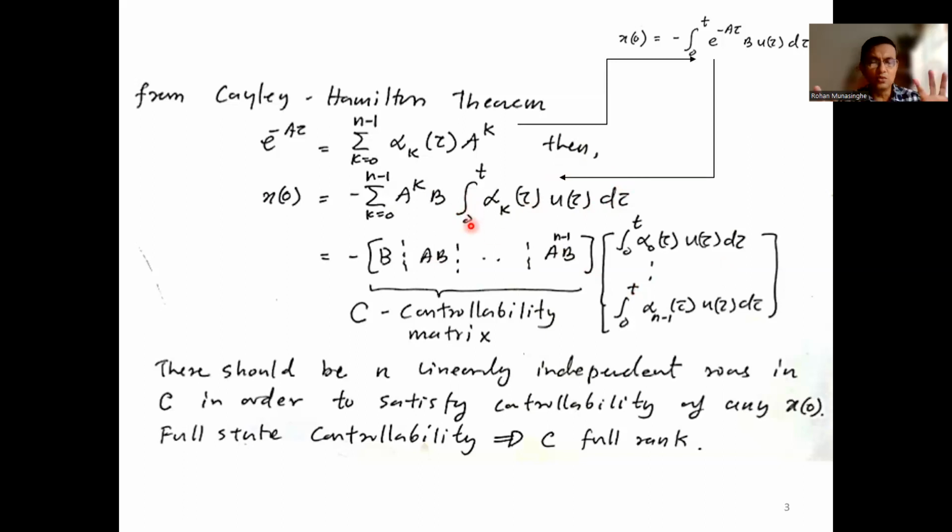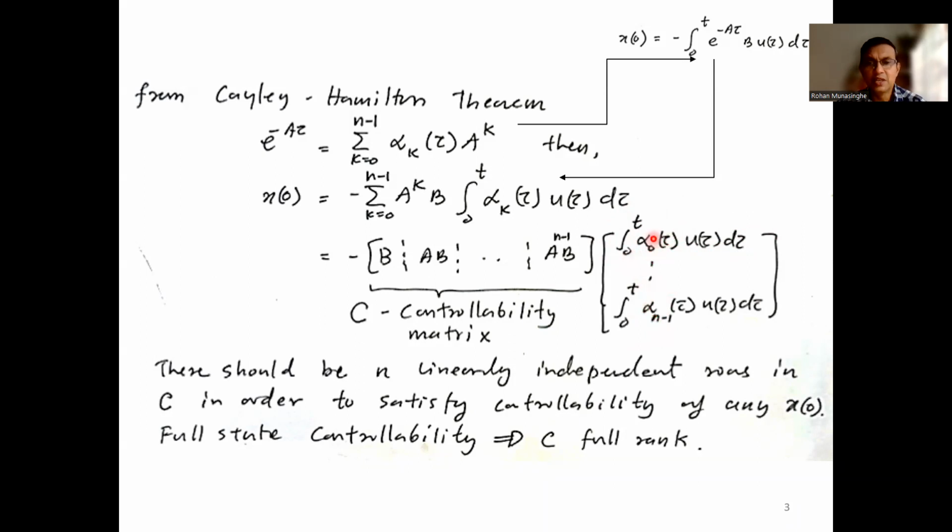Likewise, you break it into two vectors, row and column. But these are all matrices, so when you multiply, eventually you get a vector, not a scalar. If you treat this entire column, this integration of alpha of tau u of tau d tau is a scalar, and all these terms are scalars.